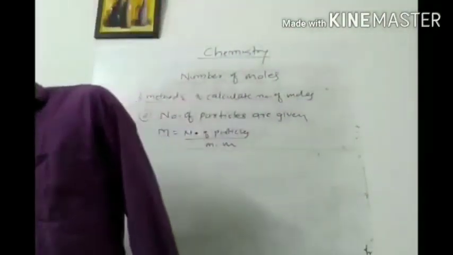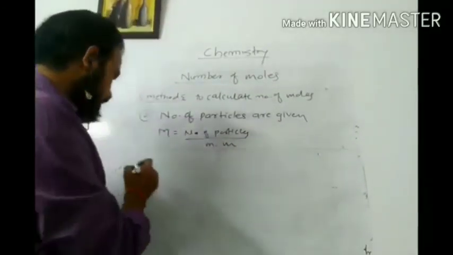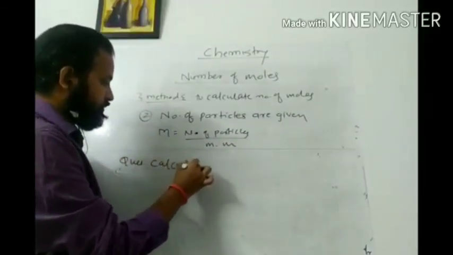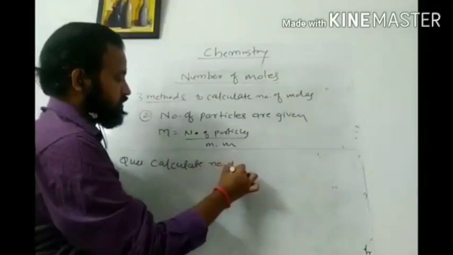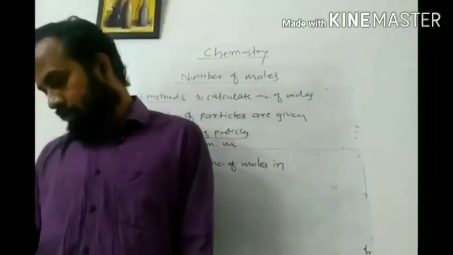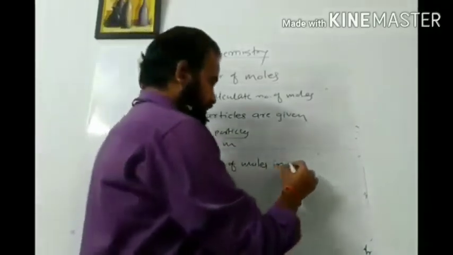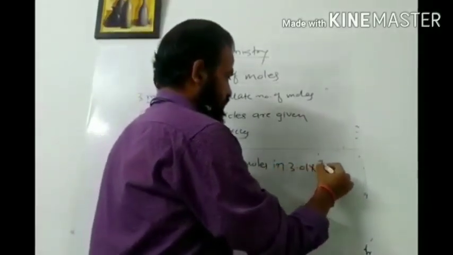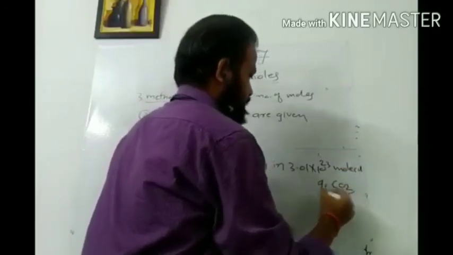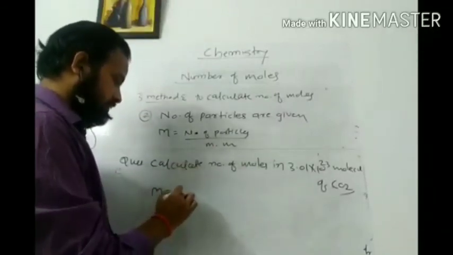Now in this case you will see one more example. Calculate the number of moles in 3.01 into 10 raised to 23 molecules of CO2. Here the formula is number of moles equals number of particles divided by molecular mass.